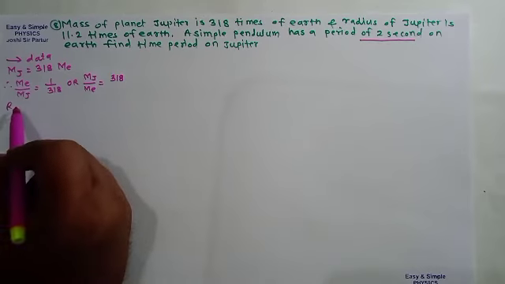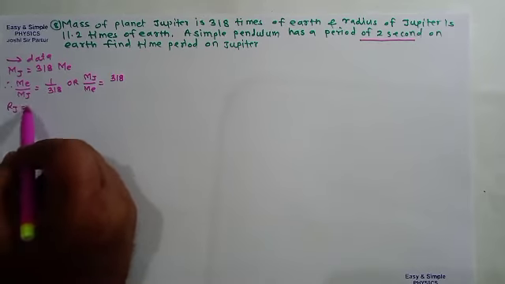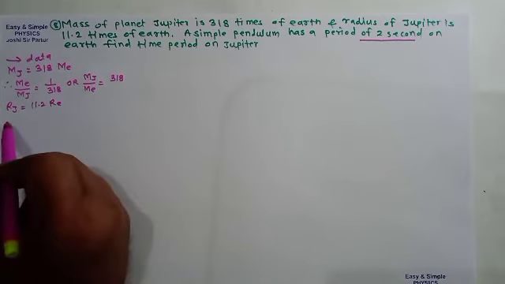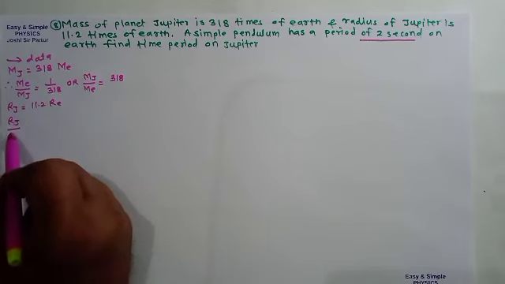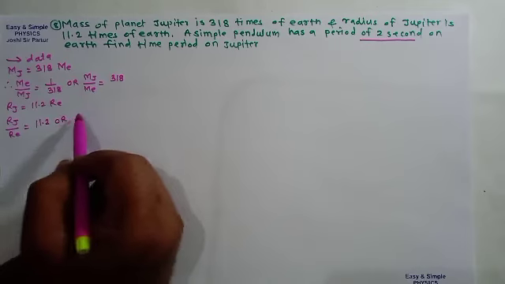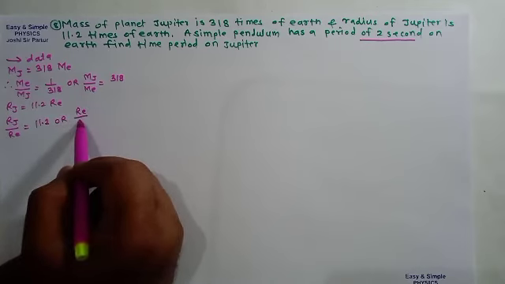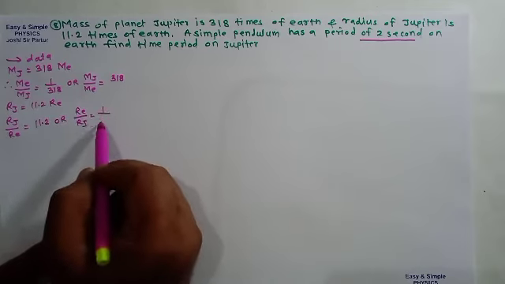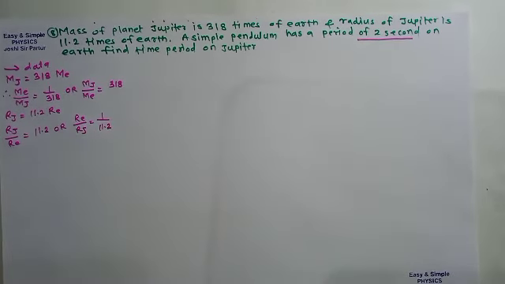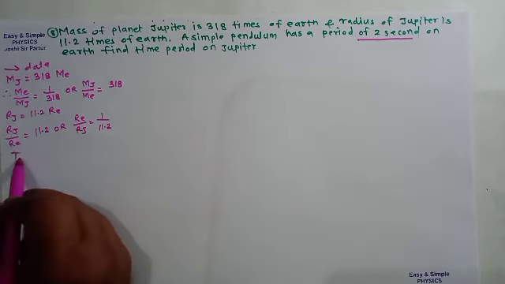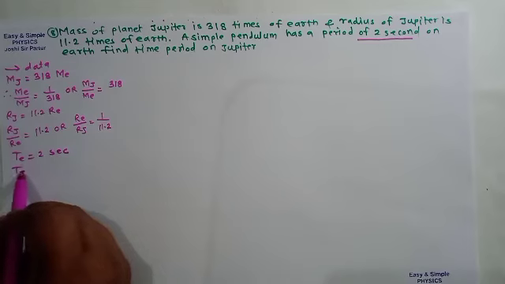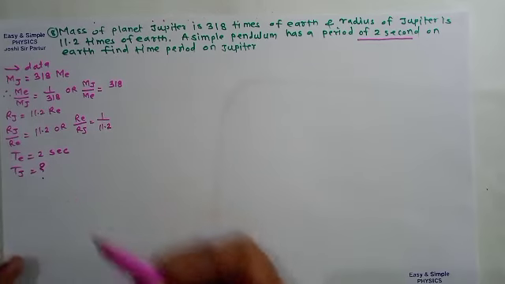Again, radius of Jupiter is 11.2 times radius of Earth. So radius of Jupiter upon radius of Earth is 11.2, or radius of Earth upon radius of Jupiter is 1 upon 11.2. Here the time period for Earth is 2 seconds, and we can find out the time period for Jupiter.